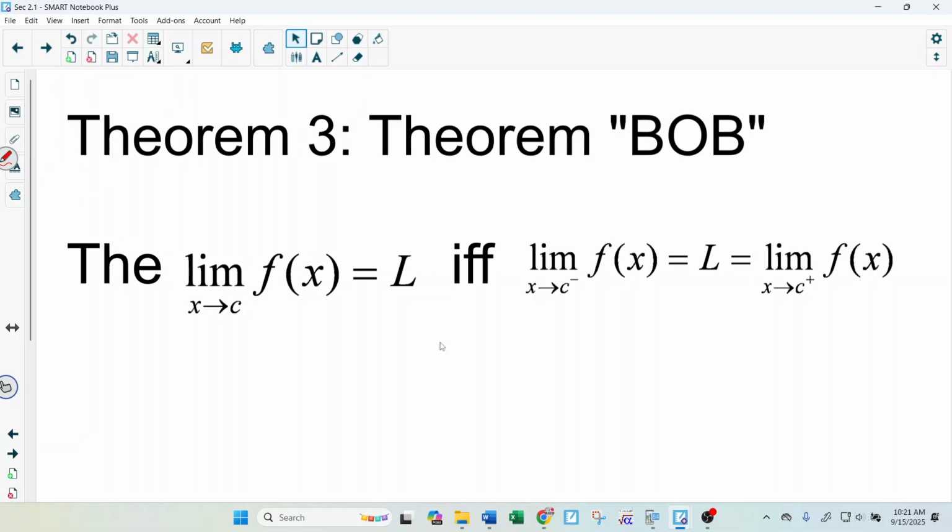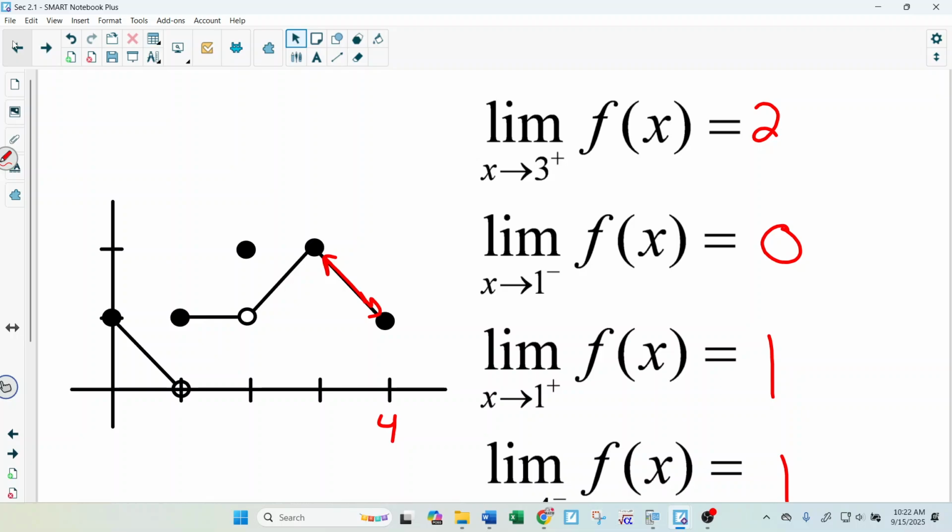So, the limit of f of x as x approaches c is equal to L, if and only if the limit from the left is equal to the limit from the right, and they also equal the same thing. Okay. So, as we look at this example, does the limit exist at 1?